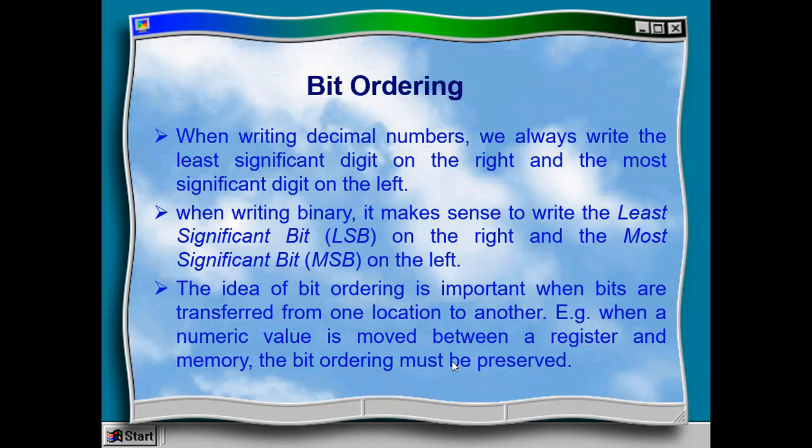When writing decimal numbers, we always write the least significant digit on the right and the most significant digit on the left. Therefore, when we write in binary, it makes sense to write the least significant bit on the right and the most significant bit on the left.